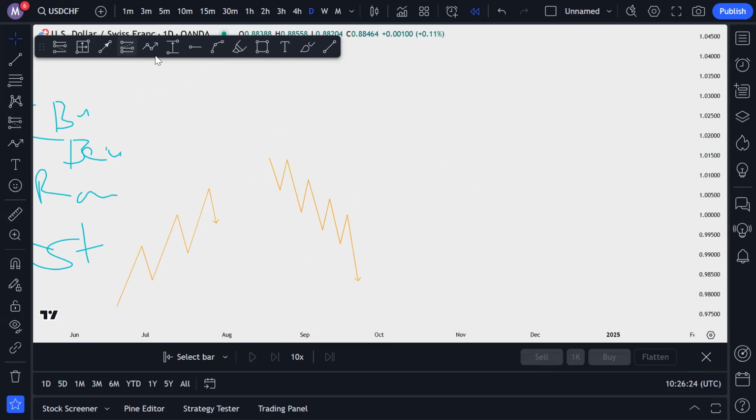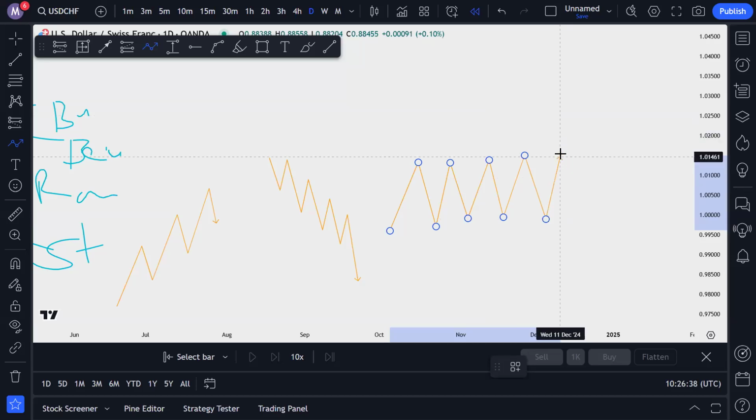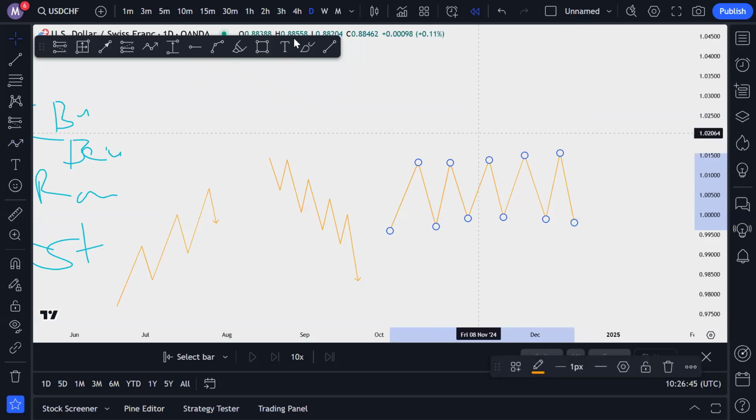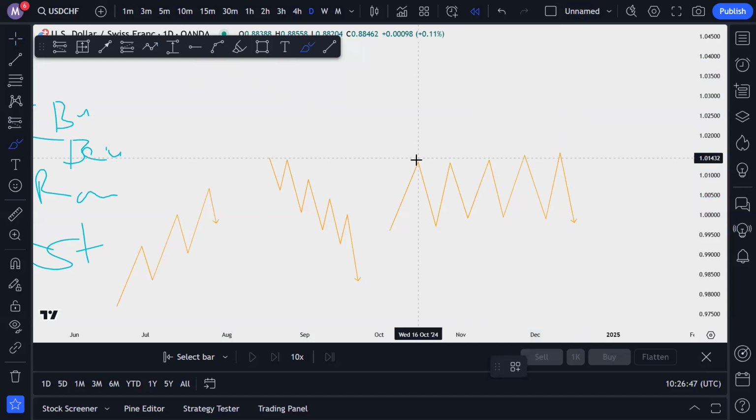The ranging market is where price is forming equal highs and lows. The reason why it's called ranging is that this is where we have equalism between the buyers and the sellers. That's why it's called ranging, forming equal highs and lows.